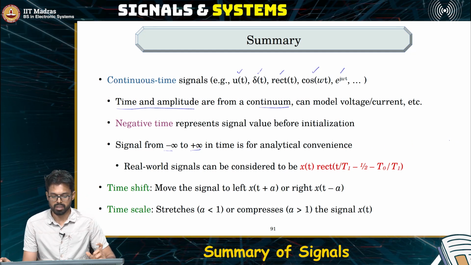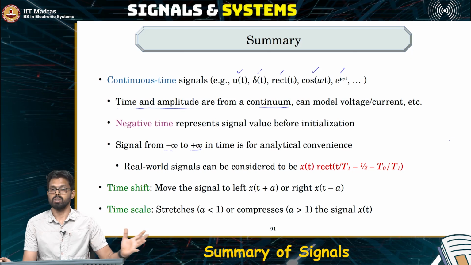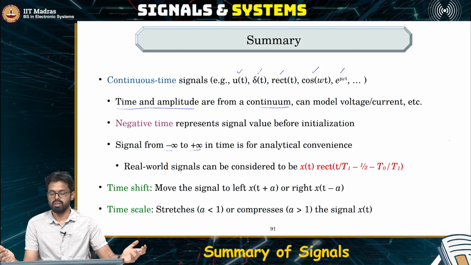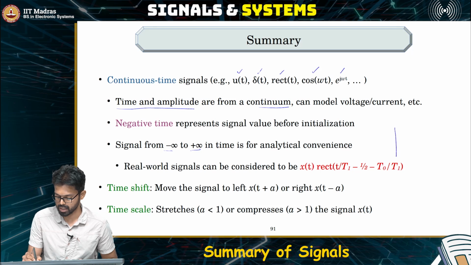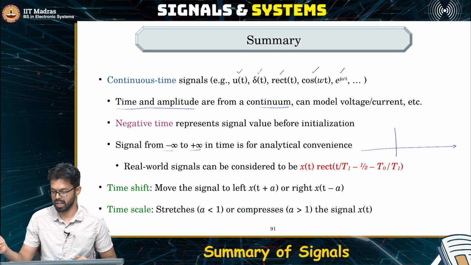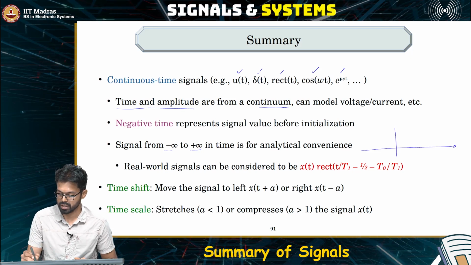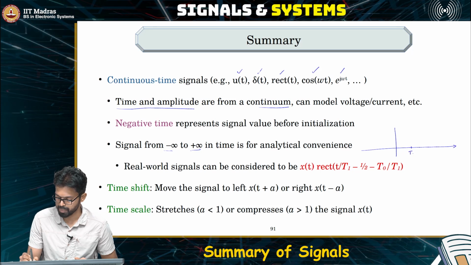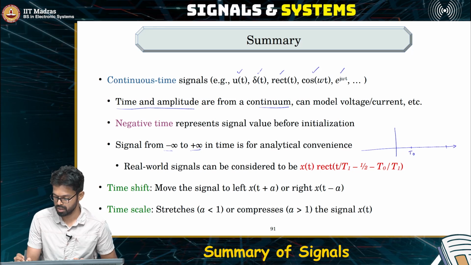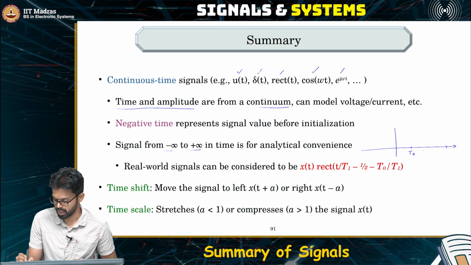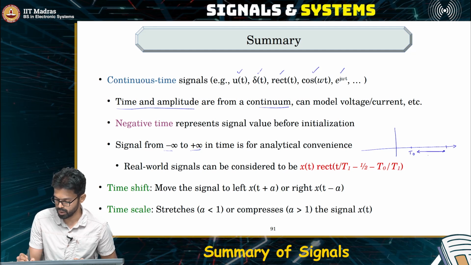In real life a signal has only a finite duration, which means it starts at some particular time and it ends at some particular time. So let's say a signal starts at time t0 and ends after some time duration equal to t1 seconds.